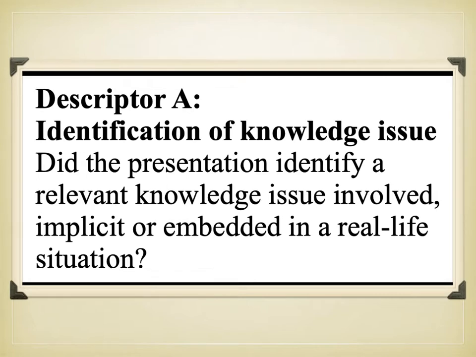But the essential nature of descriptor A: does your presentation identify a relevant, meaningful knowledge issue involved, implicit, or embedded in a real life situation? Are you able to take the effect of ecotourism on indigenous peoples and get a broader question out of it? This is descriptor A.